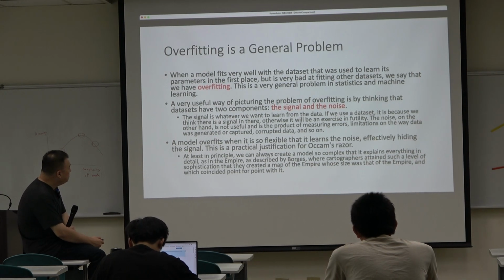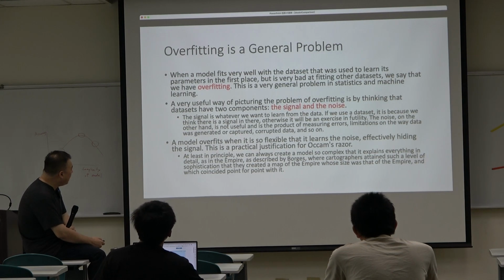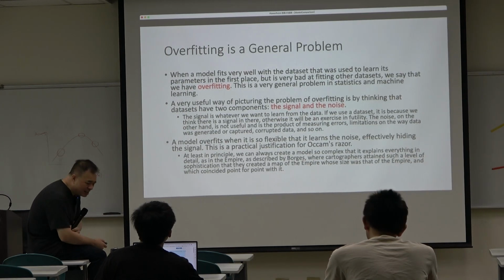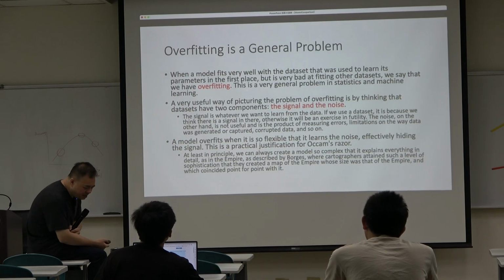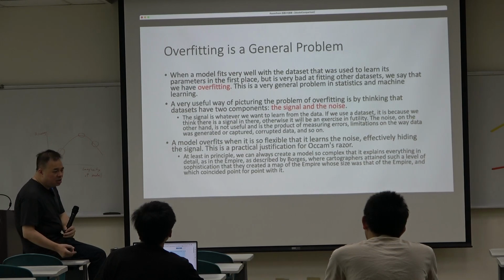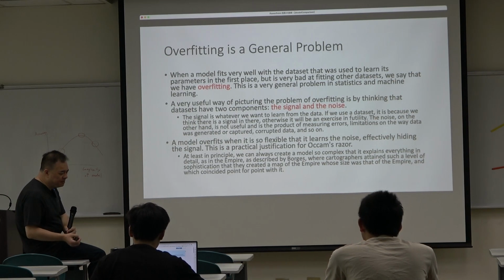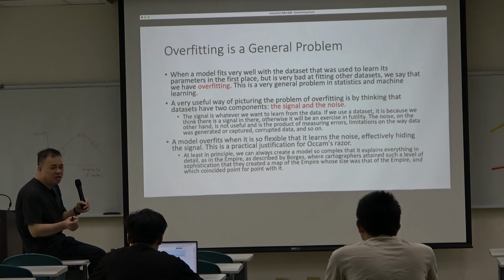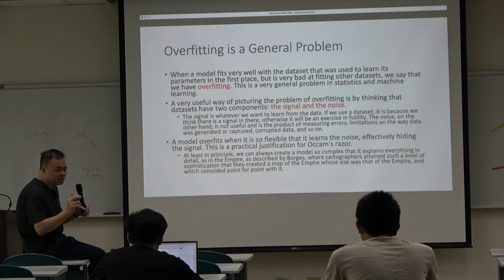But the noise is what you have when you are doing data collection, such as malfunction of the sensors or the limitation of the measurement tool. A lot of this will contribute to those errors.